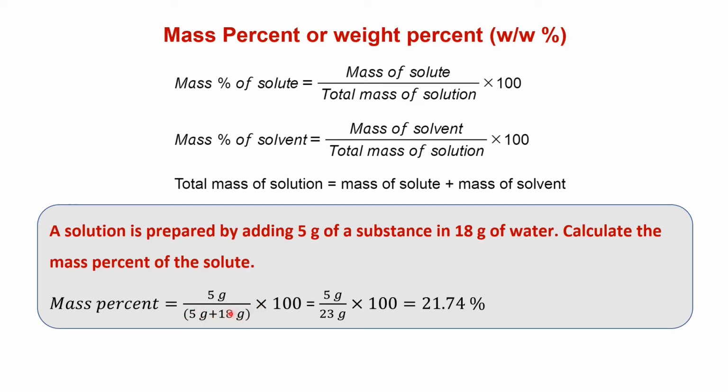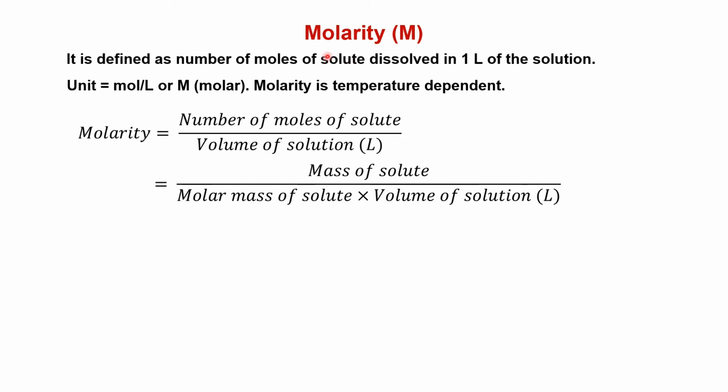So the total mass of solution would be mass of solute plus mass of solvent, and that would be 5 gram plus 18 gram multiplied by 100. So when we calculate this, we will get the answer as 21.74%.